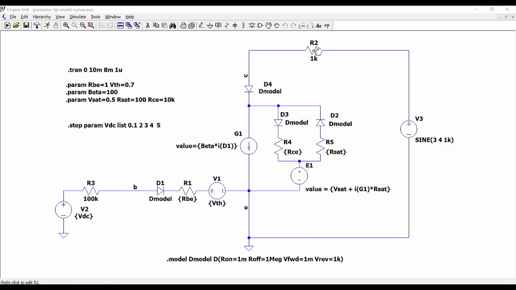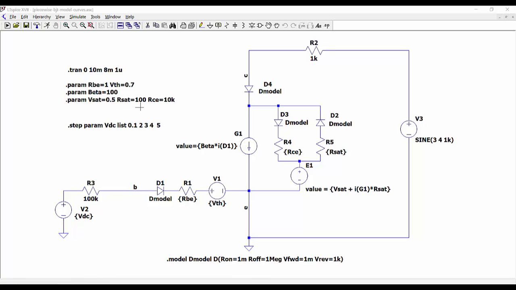We are going to generate different points corresponding to the current through the collector and the voltage between the collector and the emitter. And we are doing this for several values of the voltage VDC, so it corresponds to several values of the current through the base.